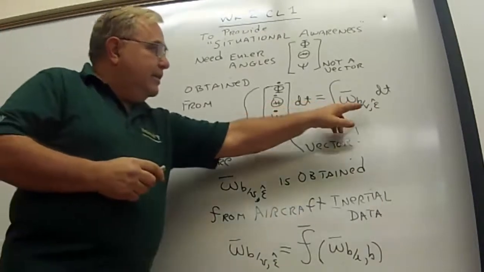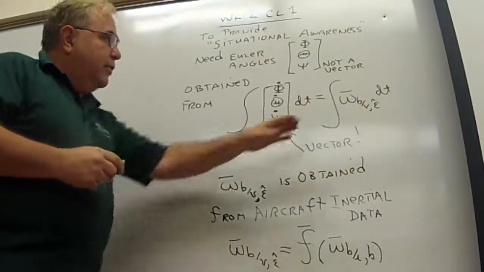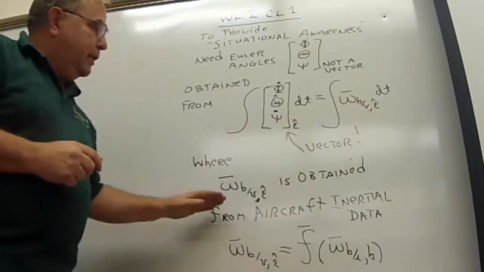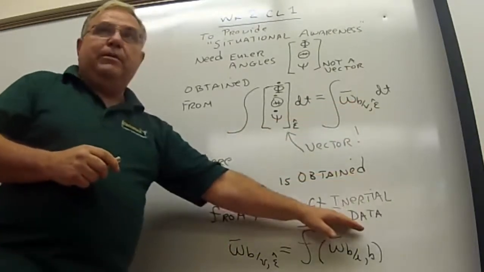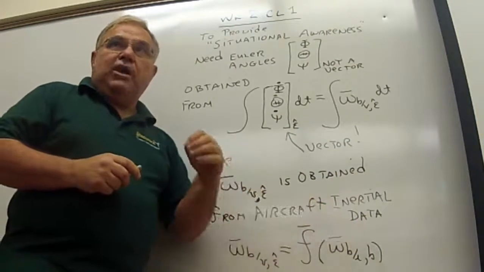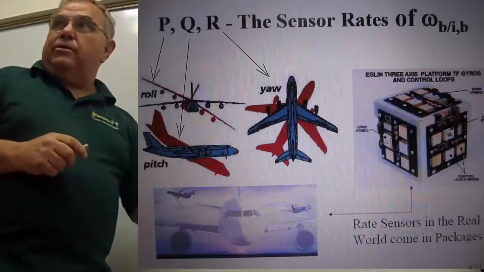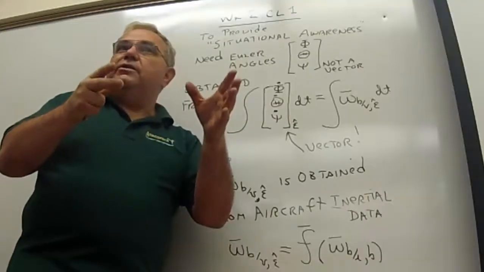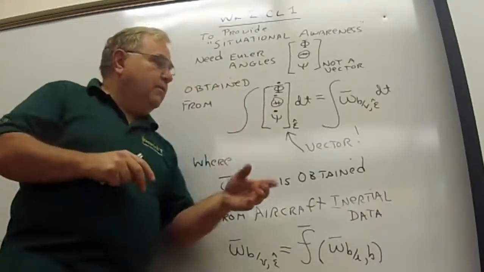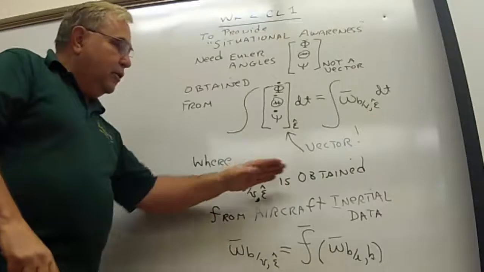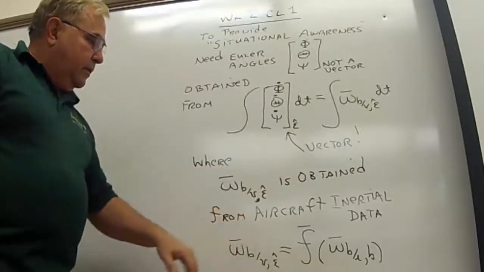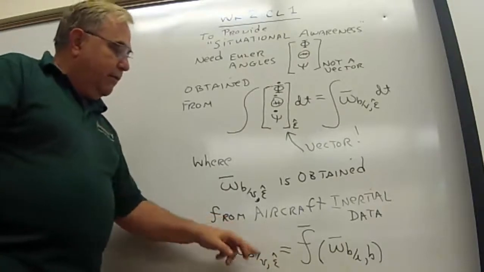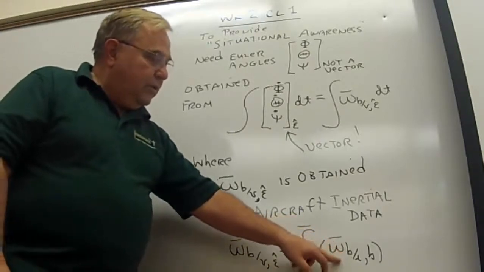Now we get this either directly from the aircraft instrumentation, if it's a simple airplane, or we have to get it from inertial data. What do I mean by inertial data? Gyros, accelerometers, inertial navigation system outputs will give you inertial data. That inertial data can be manipulated, and so we can say that our Euler rates are a function of the inertial rates.